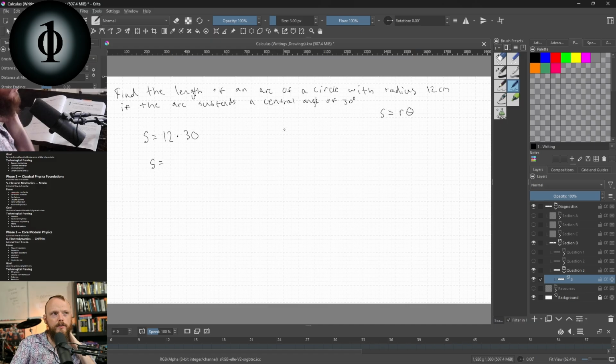Maybe I'm looking at this wrong. So 30 pi over 180, 1 over 6. Ah, it makes sense. Pi over 6. It is in radians. You got to convert to radians, I guess. So it's 12 pi over 6. S is equal to 2 pi centimeters.